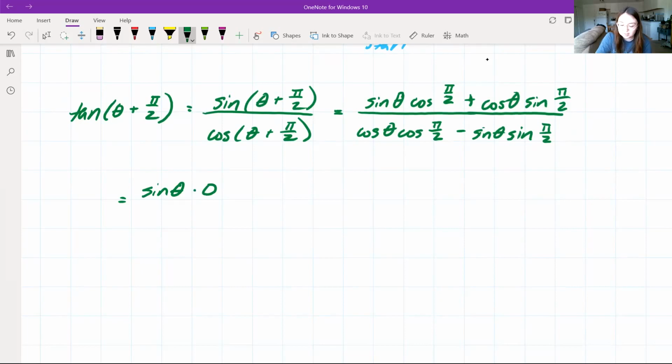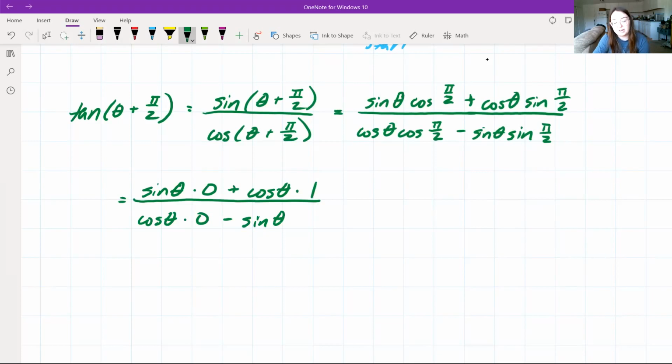So we have sine of theta times 0 plus cosine of theta times sine of pi over 2, which is 1. Then we divide by cosine of theta times cosine of pi over 2, which is 0, minus sine of theta times sine of pi over 2, which was 1. So what we end up getting here is 0 plus cosine of theta divided by 0 minus sine of theta.